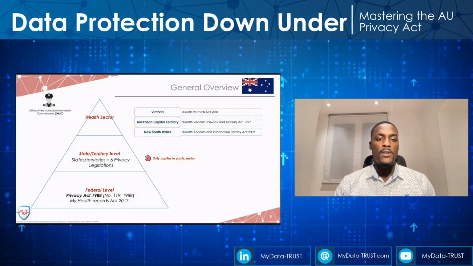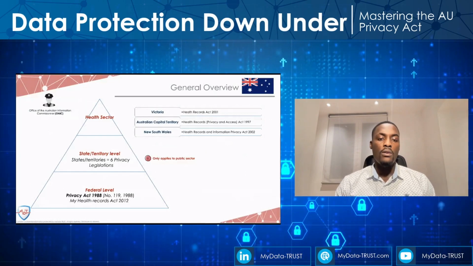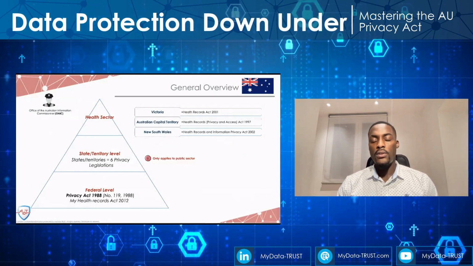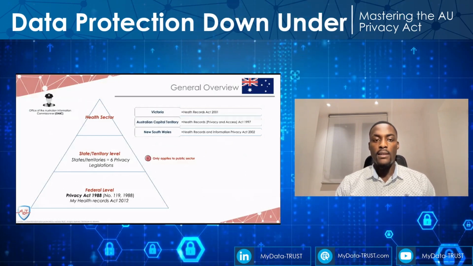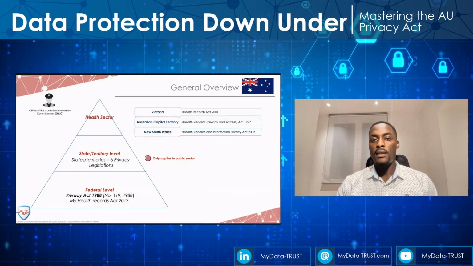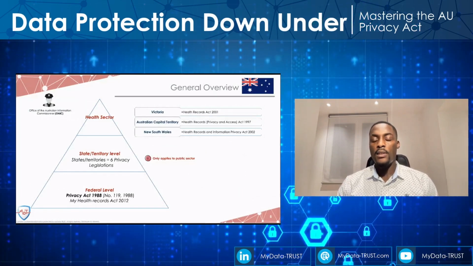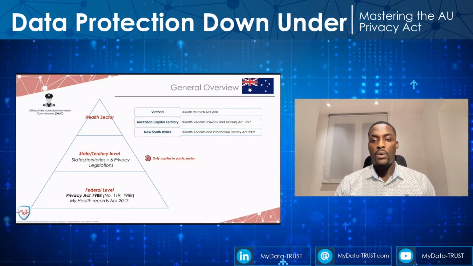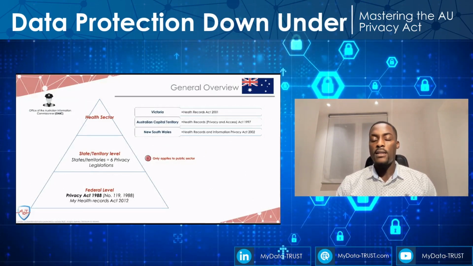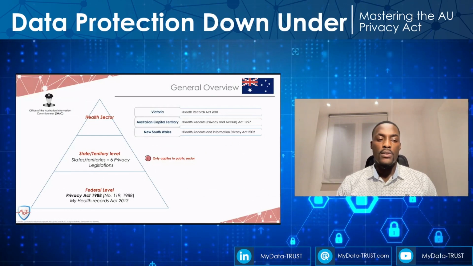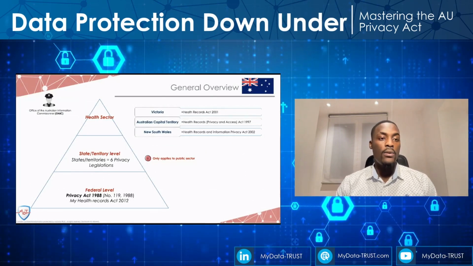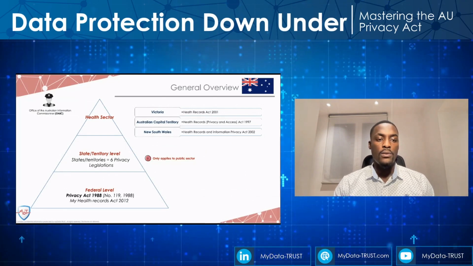And finally, some sector-specific laws may provide additional requirements to your organization depending on where you're processing personal data. For example, for the healthcare sector, if you are processing personal data in Victoria, the Australian Capital Territory, or the state of New South Wales, those privacy sector laws will apply to your organization. And the national supervisory authority at the federal level is the Office of the Australian Information Commissioner.